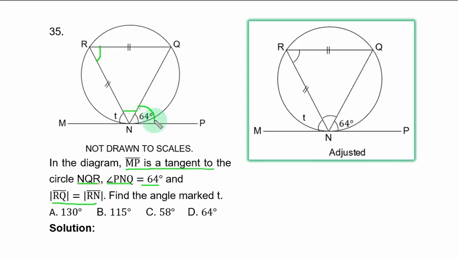Now, by the marking, triangle RNQ is an isosceles triangle, so the base angles are also equal. If you add the three angles, you equate to 180, you get the base angle. And if you add these three angles, you have angles on a straight line, and you can get T from there.